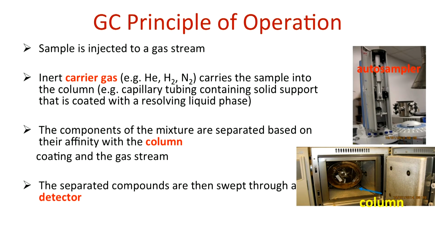It can be either helium, hydrogen, or nitrogen, and this carries the sample through the column. During the separation, your compounds are separated based on their affinity with the column as well as with the carrier gas, and also based on the volatility of your compounds. And then the separated compounds are swept through a detector.